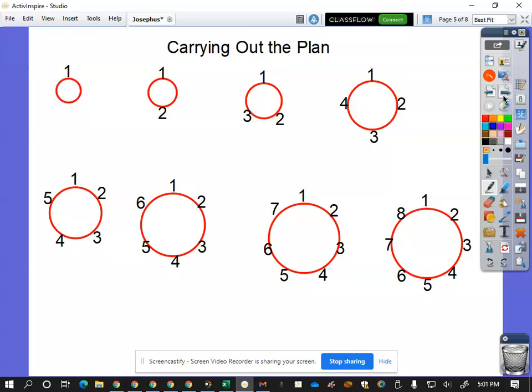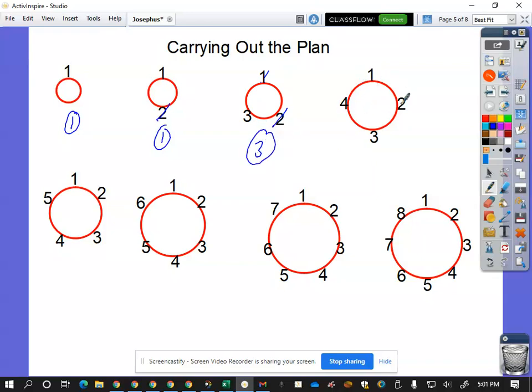And so if we look at each one, with one person, the winning position is 1. With 2 people, 1 eliminates 2, and 1 again is the winning position. With 3 people, 1 eliminates 2, and 3 eliminates 1, so 3 is the winning position.